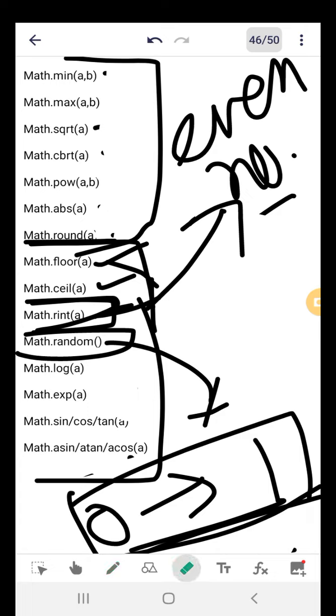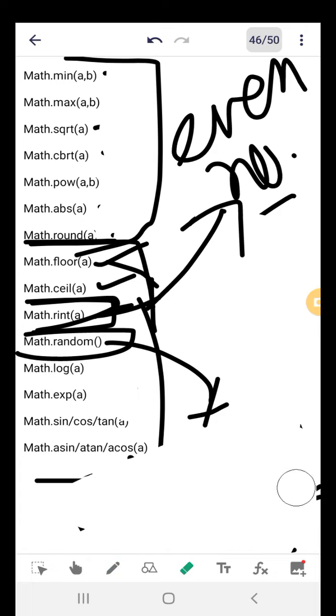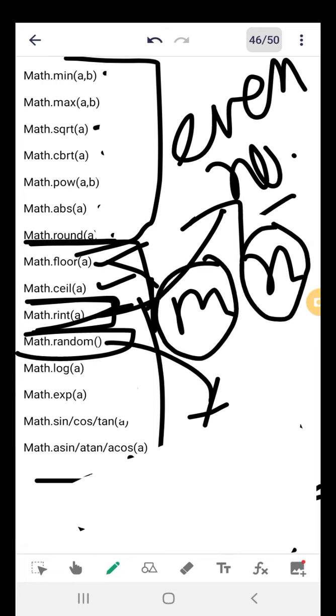Okay, and if you want to produce any random value between m and n, for example, m is the lower limit and n is the upper limit.